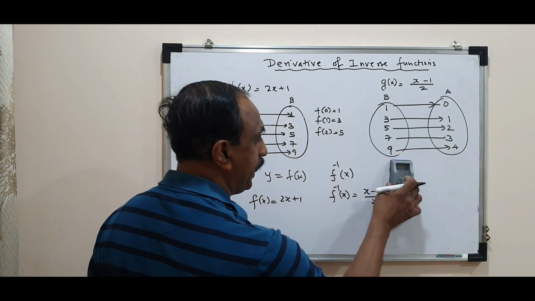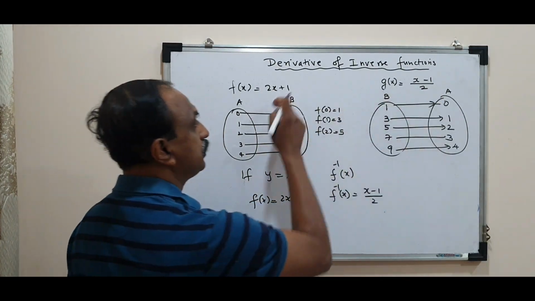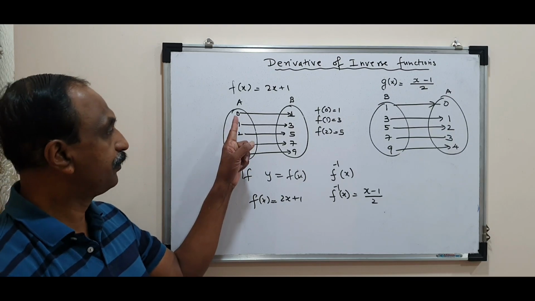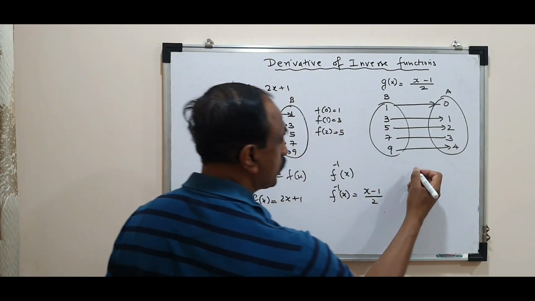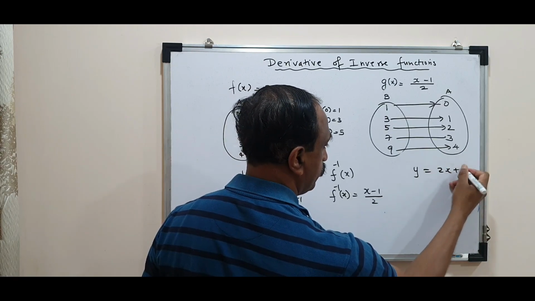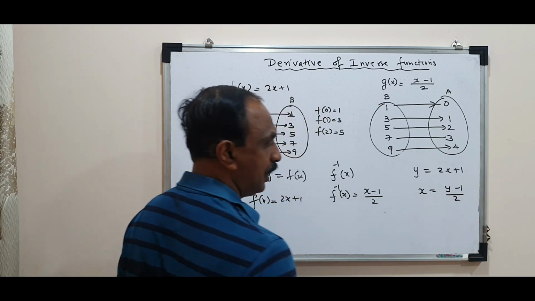The method of obtaining an inverse function is a very simple method. If you compare both, what is actually happening? The y coordinate and x coordinate are getting interchanged. So you start with the function y equal to 2x plus 1. Make x the subject. Y minus 1 upon 2.